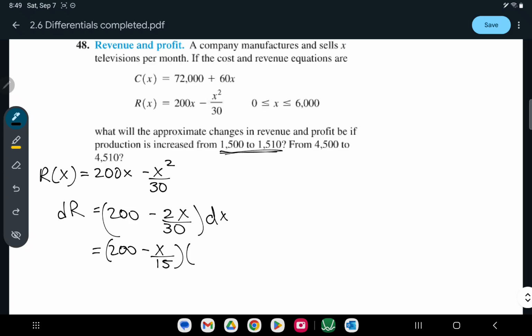Well, for this first one, our change was 10. So I can substitute in the 1,500, and our change is 10, and I get 1,000.